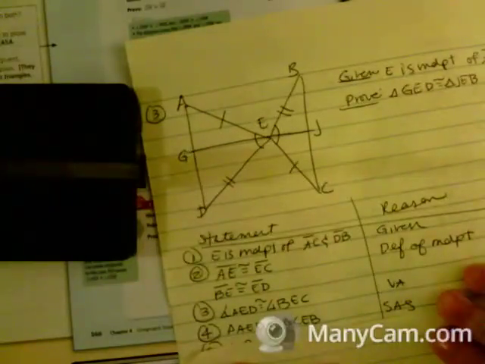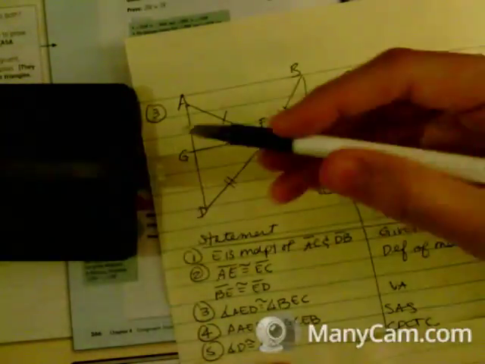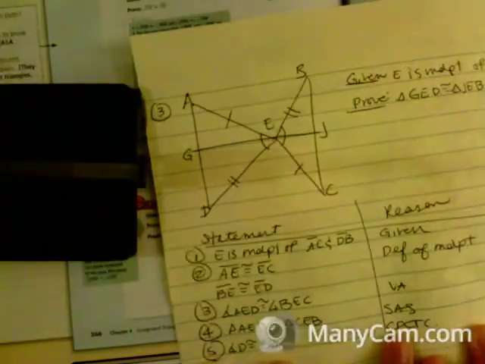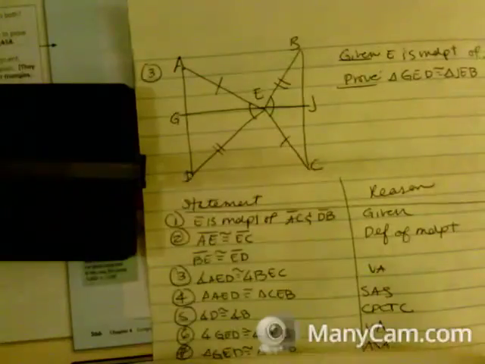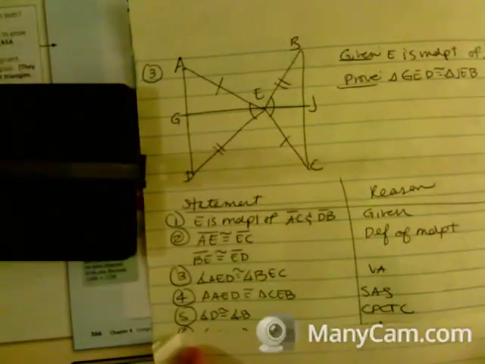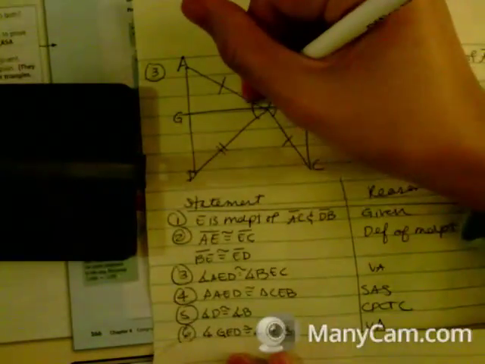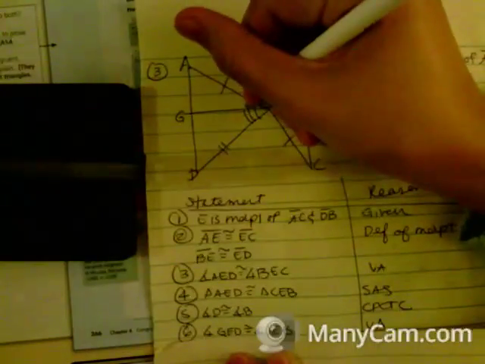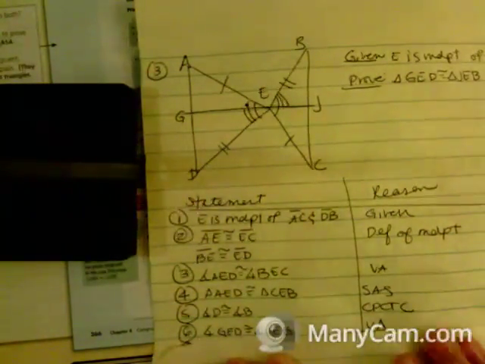So now that we have that, we can move on to the little triangles. Because these two triangles are congruent, angle D is congruent to angle B because corresponding parts of congruent triangles are congruent. So now I want to prove the little angles. Angle GED down here is congruent to angle BEJ because of vertical angles.